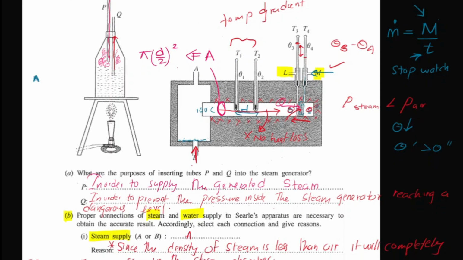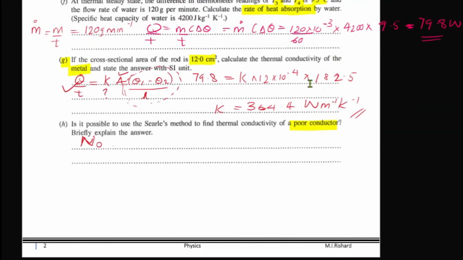So, due to the negligible temperature gradient in the poor conductor, we will not be able to find the K value accurately. It is going to have a very high error percentage, so that's not suitable.